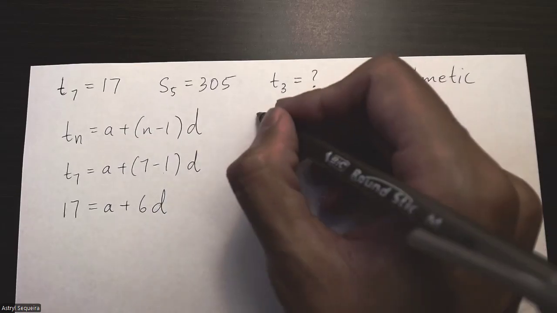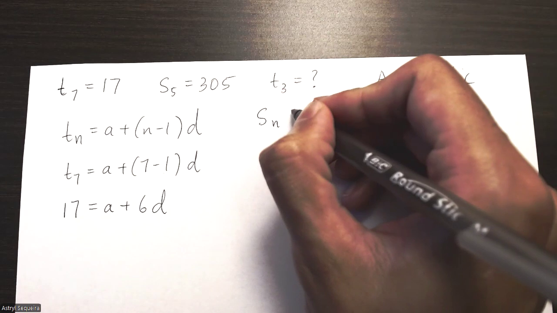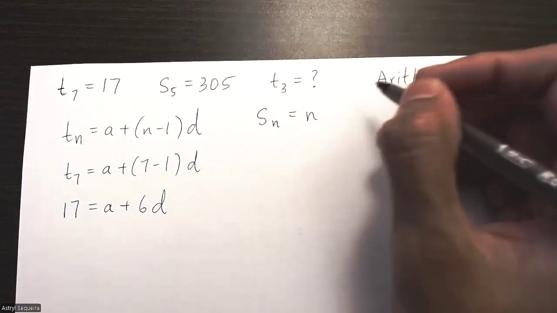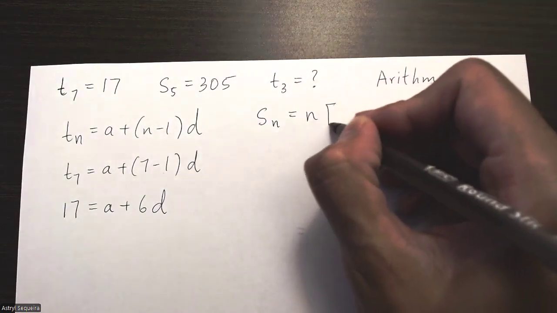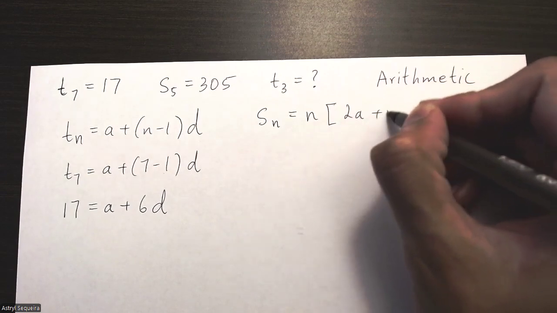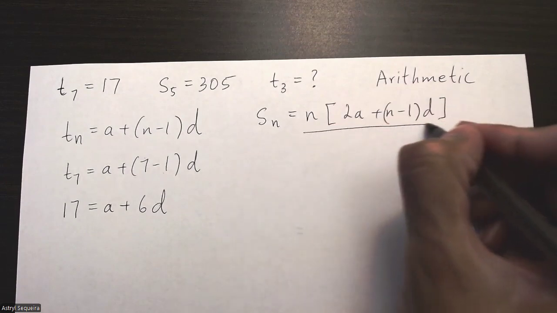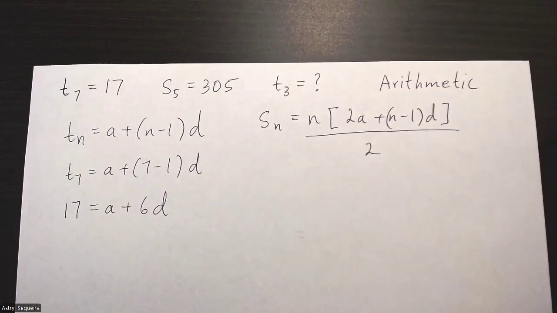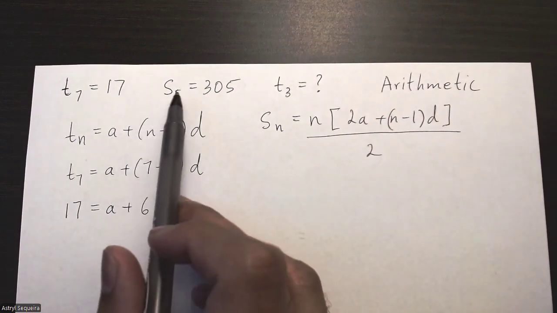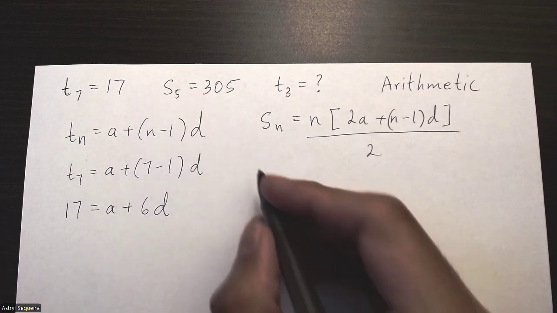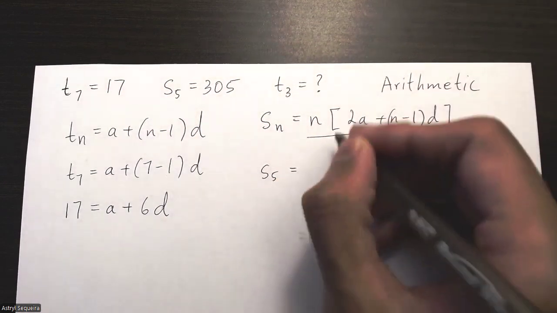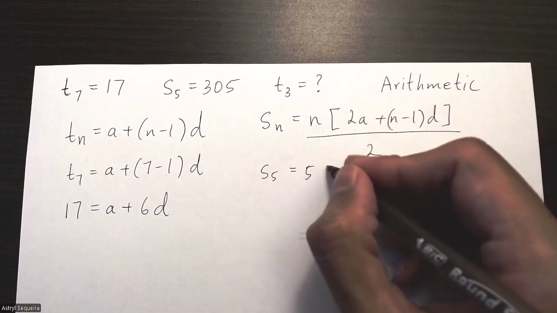Now, the sum equation, the typical one that's used, is Sn equals n(2a plus (n minus 1)d) divided by 2. I'm going to start by replacing S5 into this equation. So S5, I'll replace n with 5.